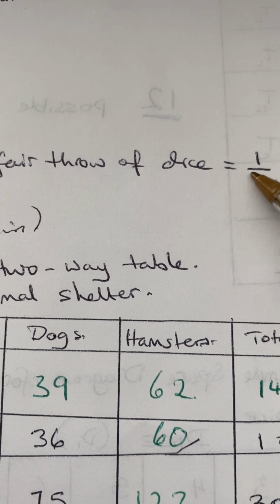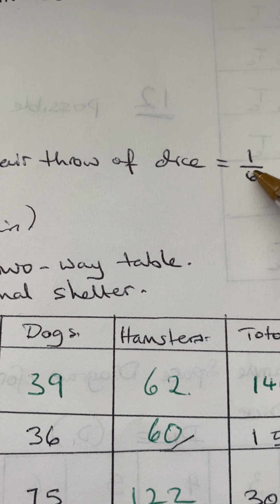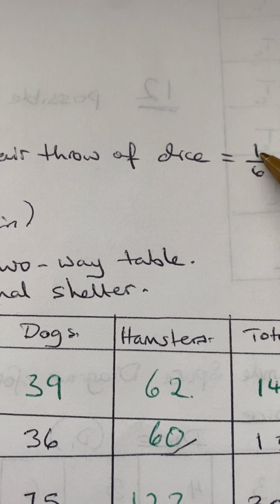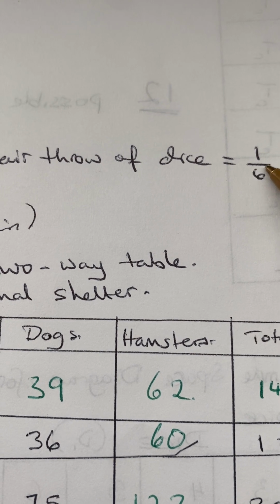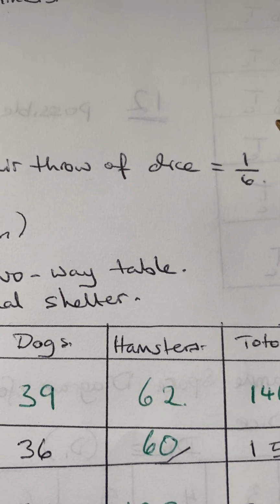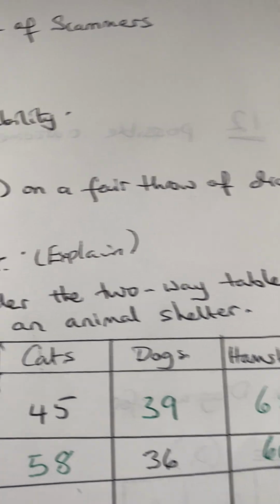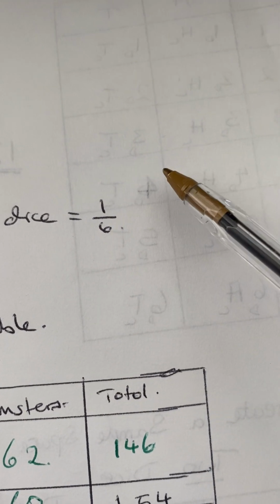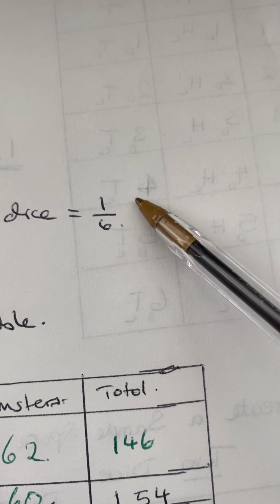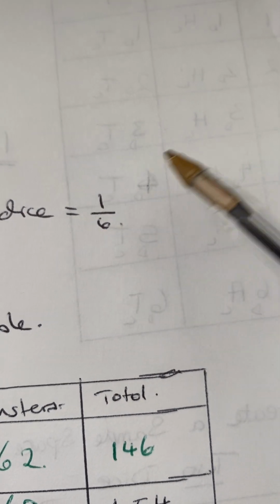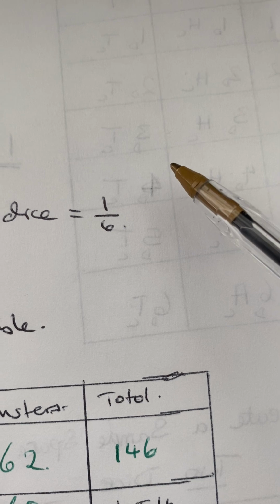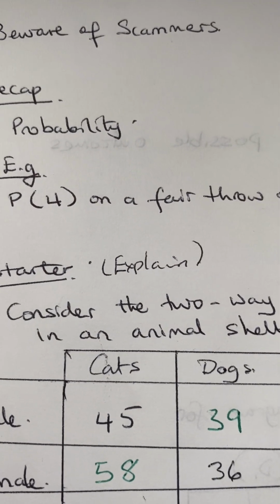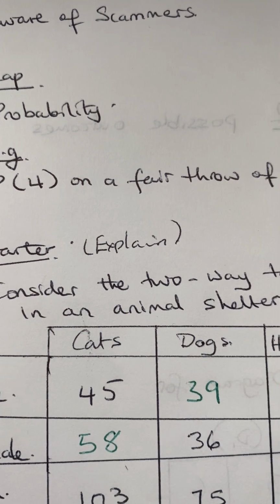So the probability of getting a 1 is 1/6, the probability of getting a 2 is 1/6, that is if you throw only one die. If you throw a coin, your probability is a half, because you can either get a head or a tail. You can't get both.